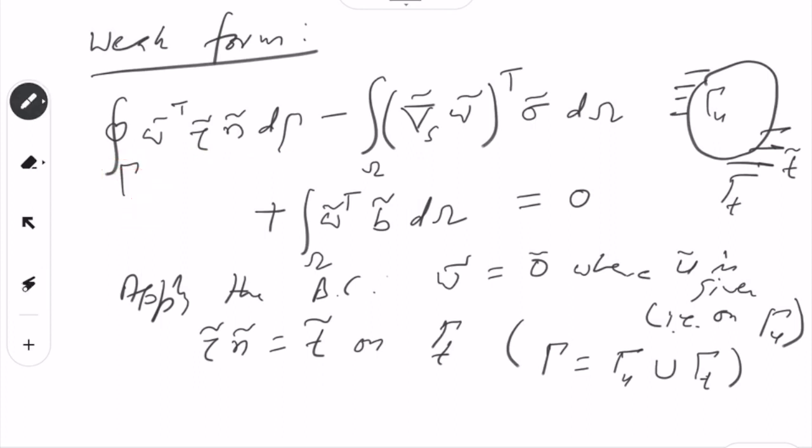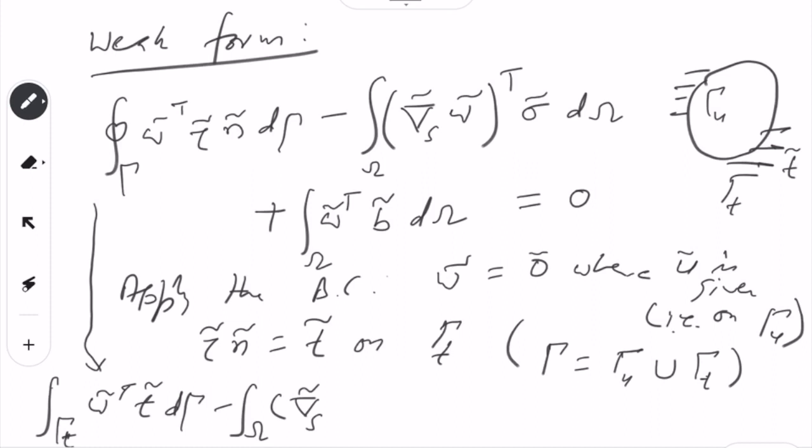So this equation, after applying the boundary condition, will be: integral over gamma t of W transpose t tilde d gamma, then minus integral over omega of del S W transpose sigma d omega, plus integral over omega of W transpose B tilde d omega, is equal to 0.